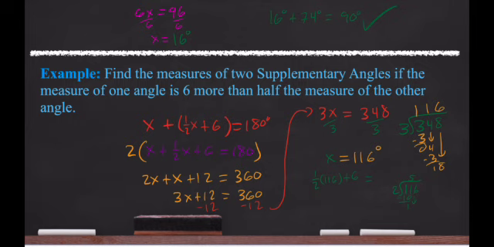Bring down the 6. 2 into 16, that's going to be 8. So we end up with 58 plus 6, which ends up to be 64 degrees. And let's just quickly check. Is 116 degrees plus 64 degrees equal to 180 degrees? If it is, then we're good. If it's not, then we need to go back and check our work.